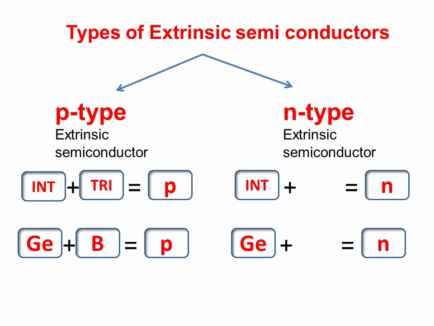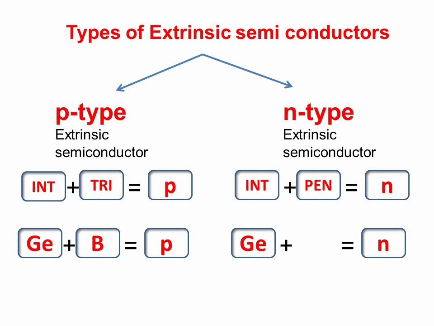Like n type extrinsic, intrinsic plus something which you have to place it, which is equal to n type. Can you guess what it is? Yes, pentavalent. Intrinsic plus pentavalent material which gives n type extrinsic.